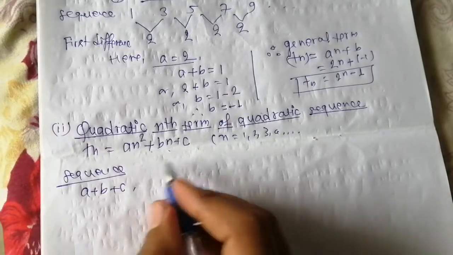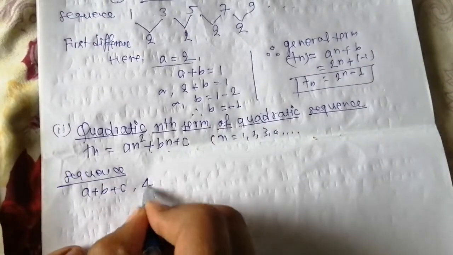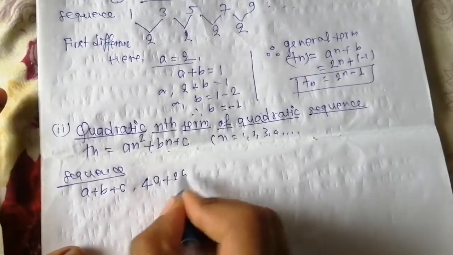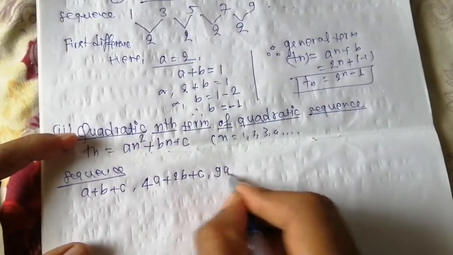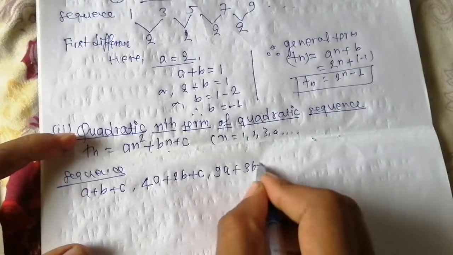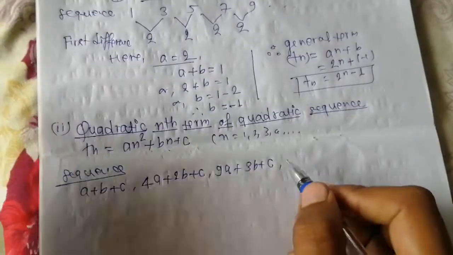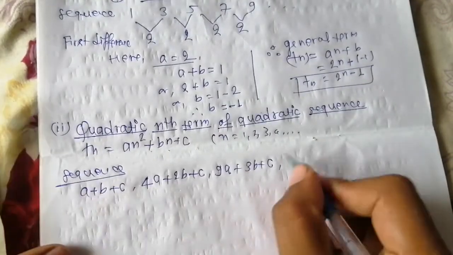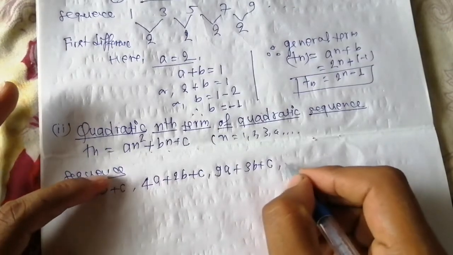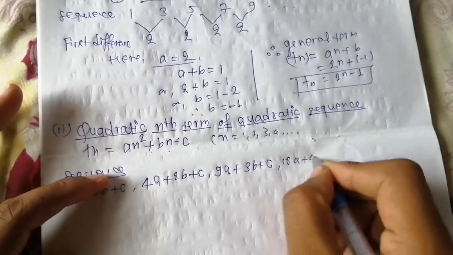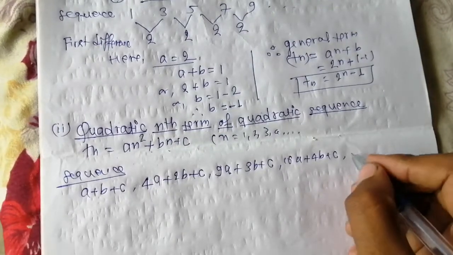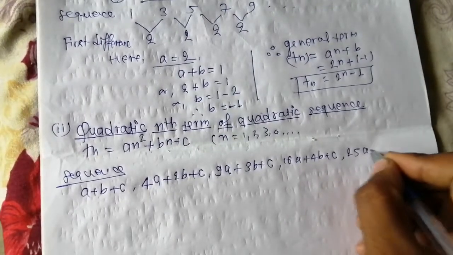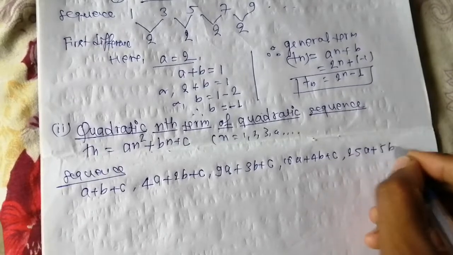If we put 2, that gives 4a plus 2b plus c. If we put 3, that is 9a plus 3b plus c. If we put 4, that gives 16a plus 4b plus c. And if we put 5, that is 25a plus 5b plus c.